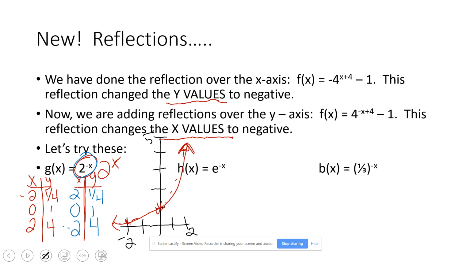And our transformed function, the y-axis reflection, we have positive 2, 1/4, 0, 1, negative 2, positive 4. And here's our reflected function. Now both of these still have an asymptote at y equals 0. That part's not going to change.